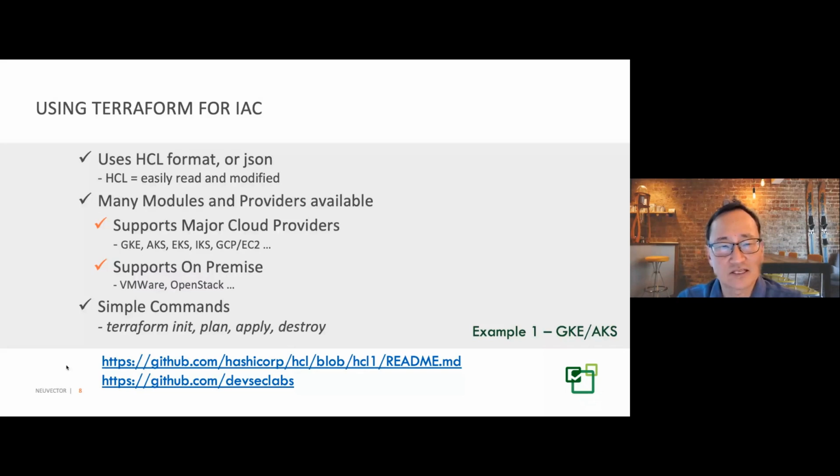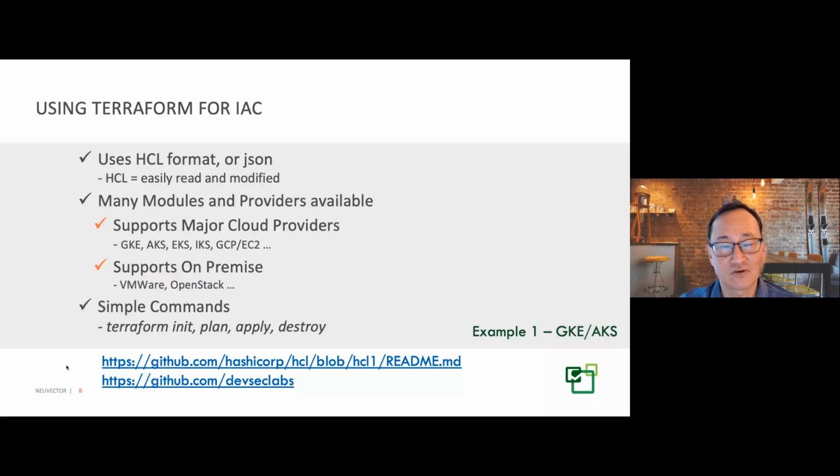So if we talk about Terraform specifically, as I mentioned, Terraform uses a certain language, HCL, which is their format, but it is compatible with JSON. The benefit of any of these languages is that it's human readable, so you can easily scan it, you can see where the important values are set, and you know where to make changes.